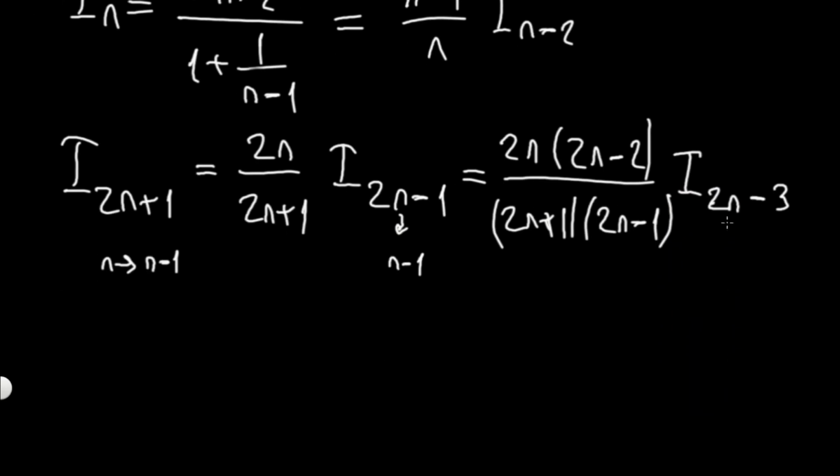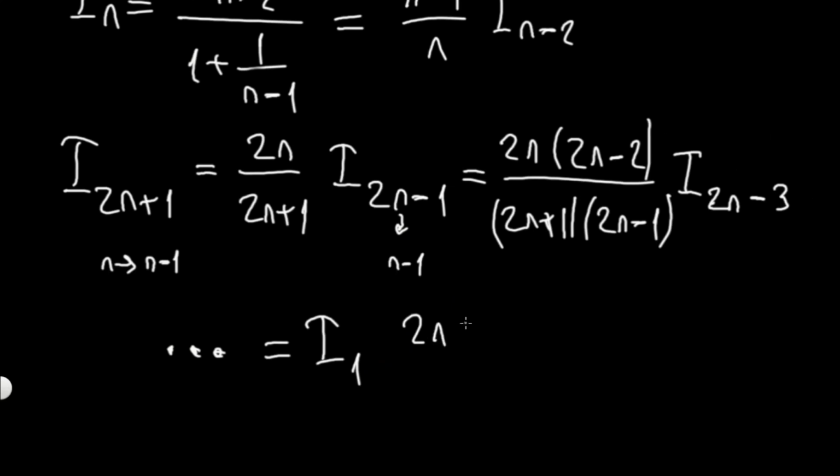Till which point can I go? Well, these are all odd numbers, all of these n's, so I can go up to I_1. So when I have minus 3 on this side, this is minus 2, which is 1 more than that. So when I have I_1 here, this will just go down up to 2.